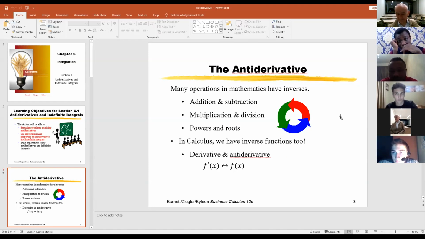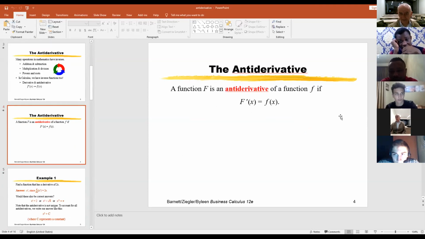And antiderivative is the inverse of derivative. So to understand what antiderivative is, first of all, you should know very well what the derivative is. That's why let's recall what derivative is.